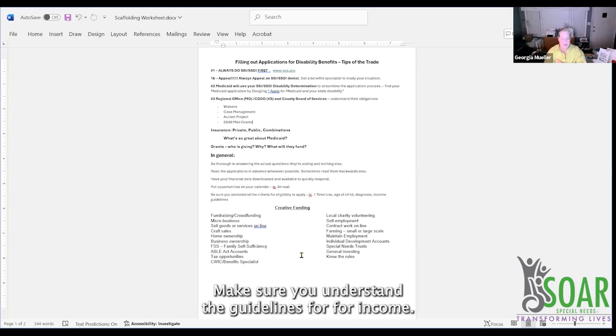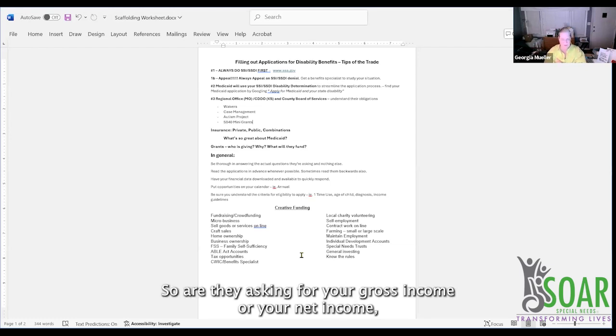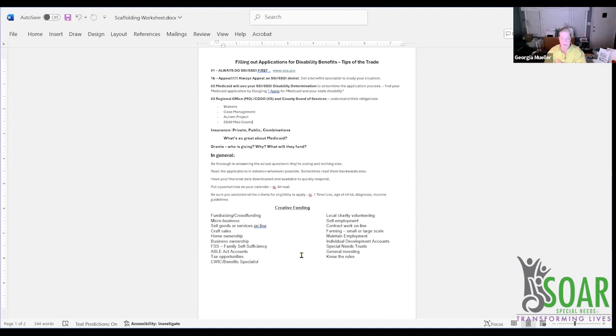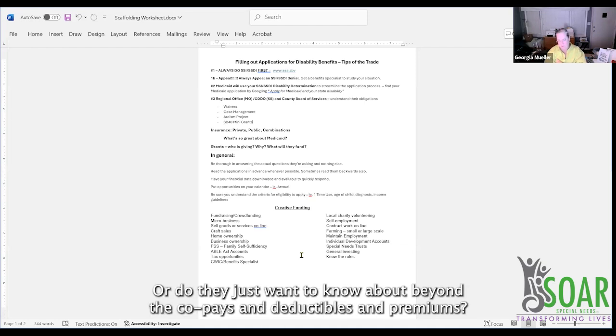Make sure you understand the guidelines for income. So are they asking for your gross income or your net income? You know, before taxes or after taxes? Are they asking for your total out of pocket to include your premiums and copays and deductibles? Or do they just want to know about beyond the copays and deductibles and premiums?